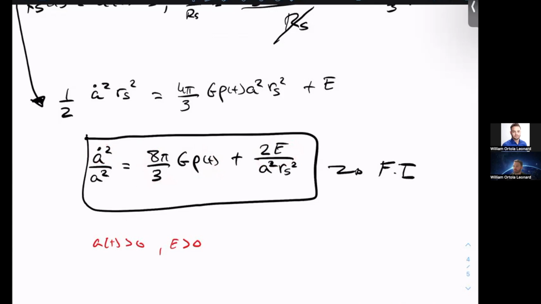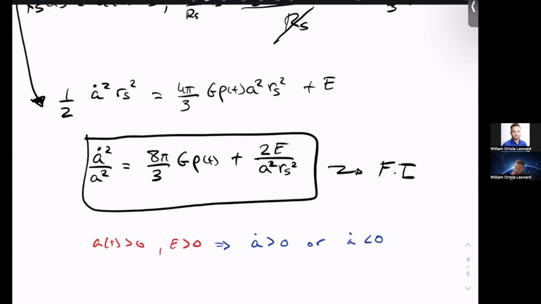It means that it cannot go to 0, okay? And then this also means that this term has to be either greater than 0 or less than 0. This is an implication: either a dot is greater than 0 or a dot is less than 0.